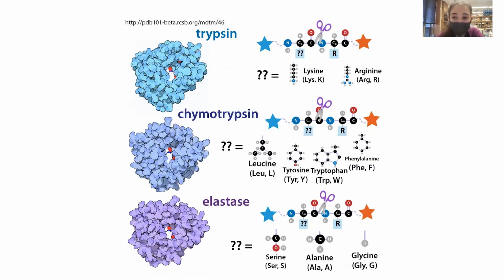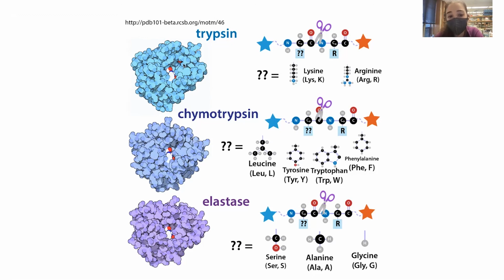And so different enzymes are going to have different substrate specificities based on what's in their binding pocket. So a few common ones are trypsin, chymotrypsin, and elastase. This is a good article on PDB-101, which is a really great resource. And they're all going to cut next to specific residues that they like.